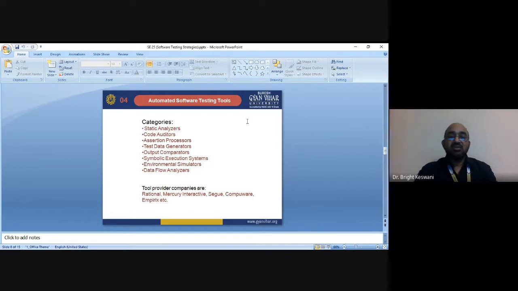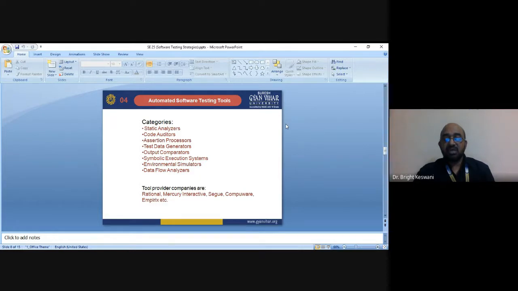Let us discuss the automated software testing tools. There are several testing tools available, but we can categorize them all in these categories, like static analyzer.